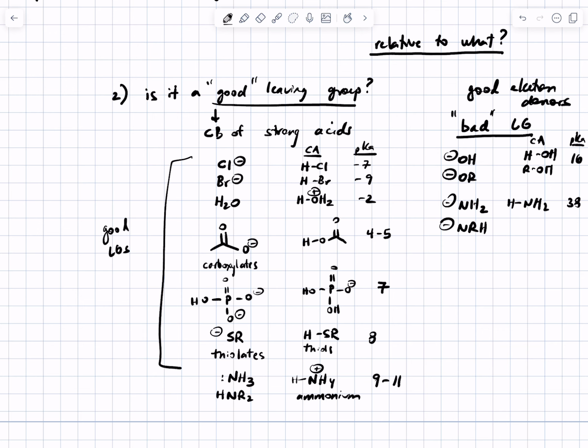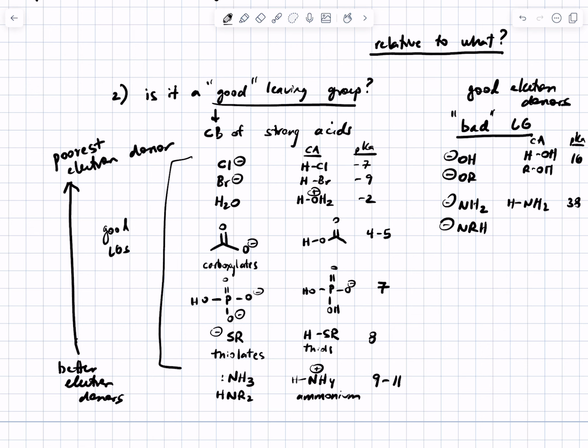And they're actually ranked according to the pKa of the conjugate acid. That is, the Cl is the poorest electron donor, and other groups are better electron donors. Does that make sense?